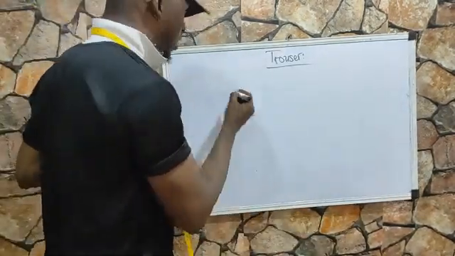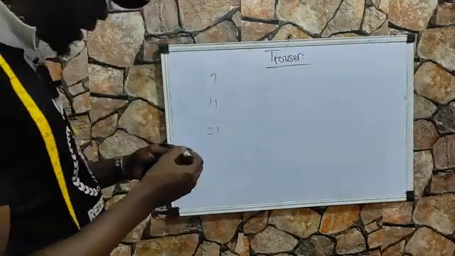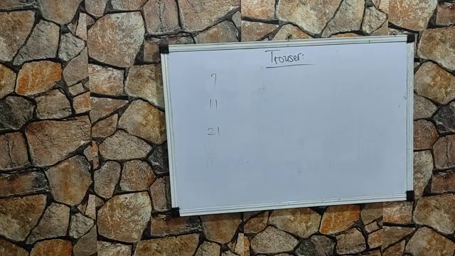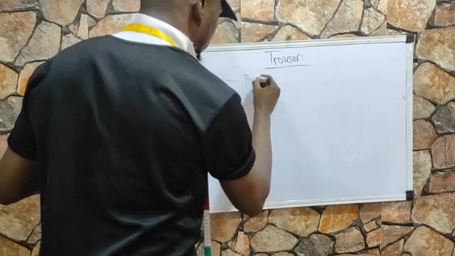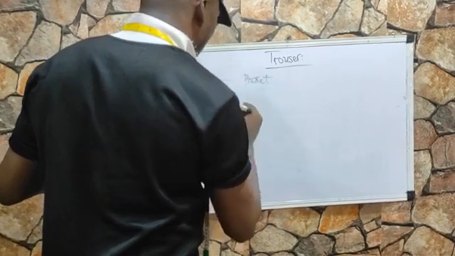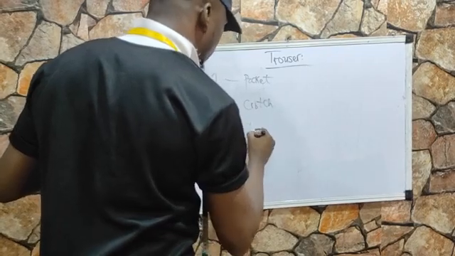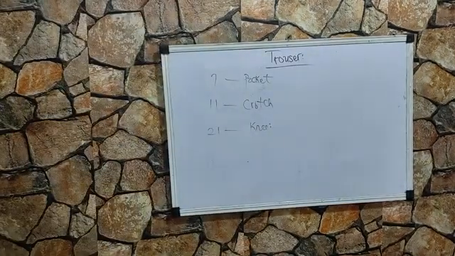Now, we have a value of 7, 11, 21. These values on the board are the values which state that 7 inches is for pockets, 11 for crouch, and then 21 for knee. Now, these are the constant values you have.